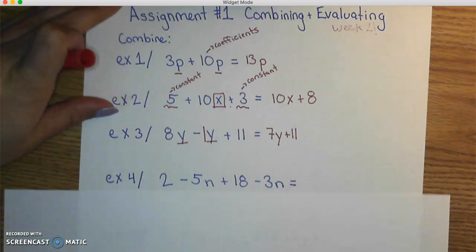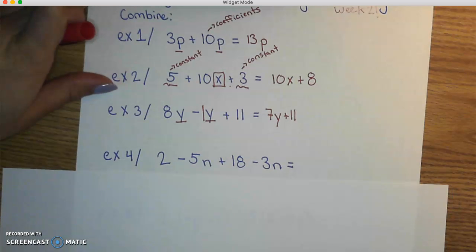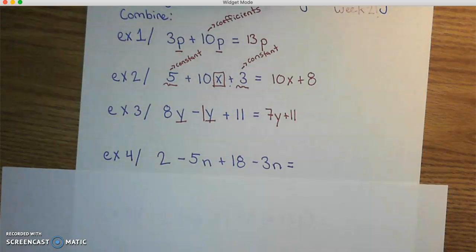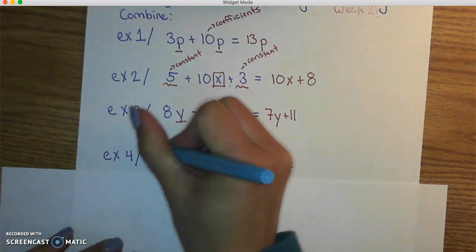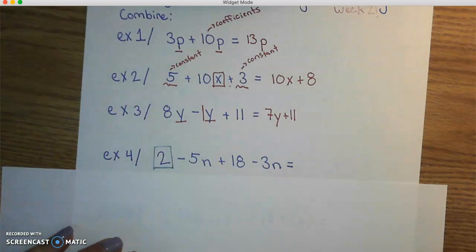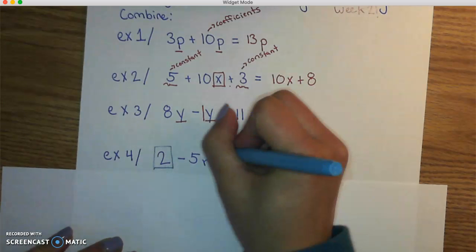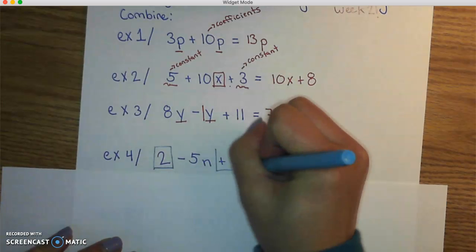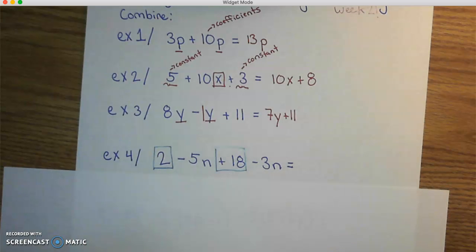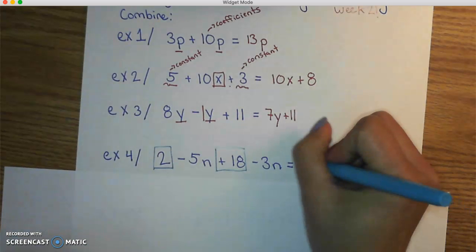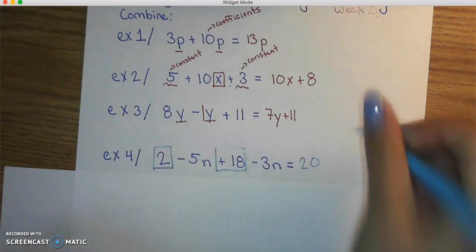All right, example 4. This time I have multiple members of each team. So I have 2, which is team constant. Who else is on team constant? Yep, positive 18. Remember, I always bring the sign that's in front. So my team constant is 2 plus 18, which is 20.